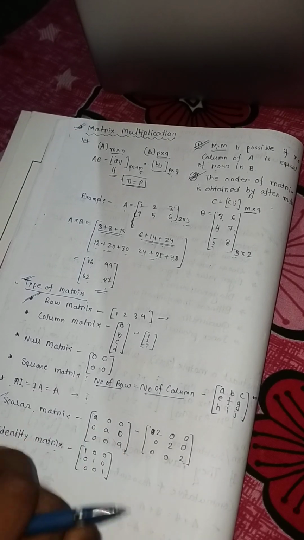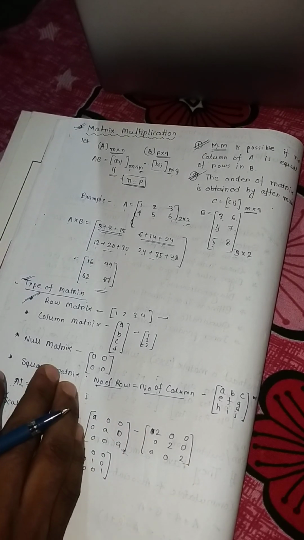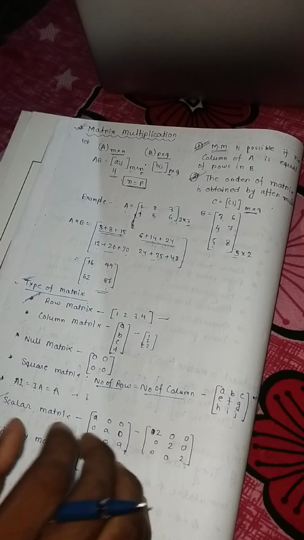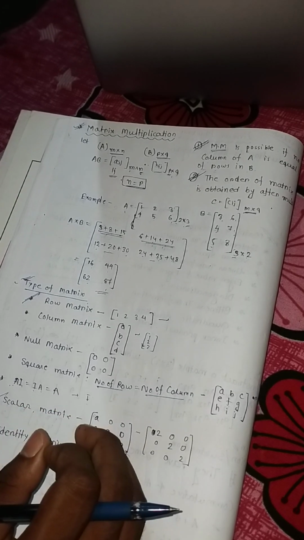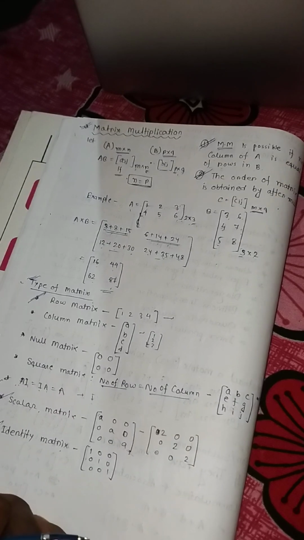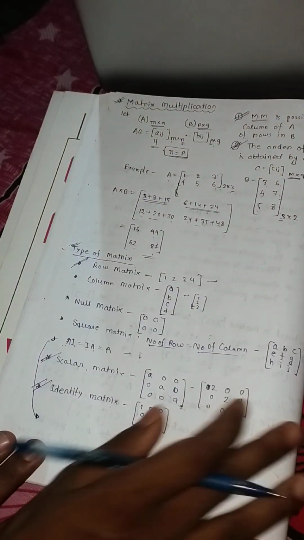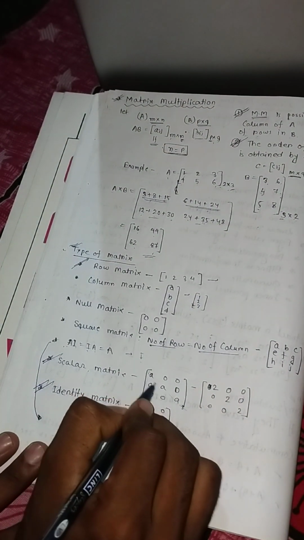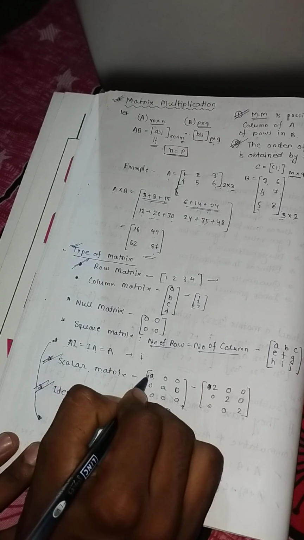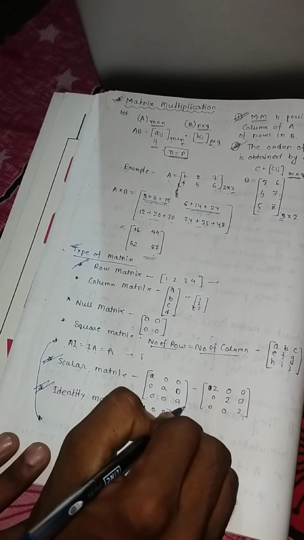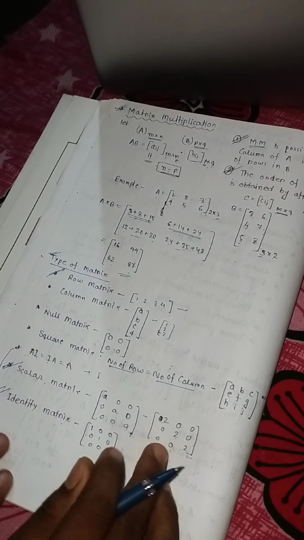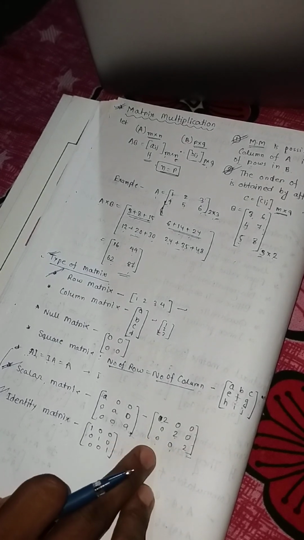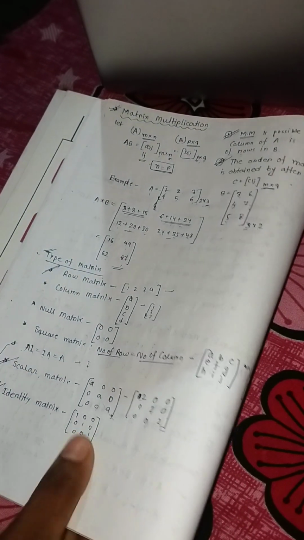If only diagonal elements are present, it's called a diagonal matrix, and a scalar matrix is a special case of a diagonal matrix. This is like A 0 0, 0 A 0, 0 0 A, also similarly 2 0 0. This is an example of a scalar matrix.